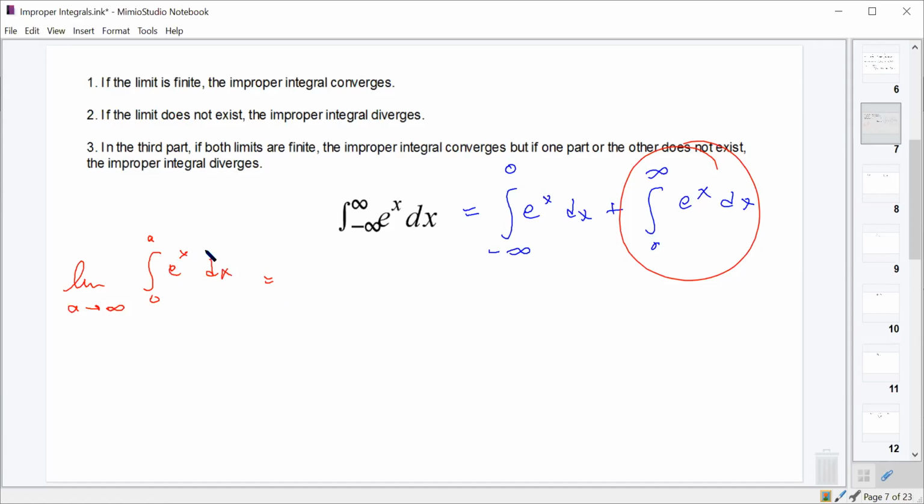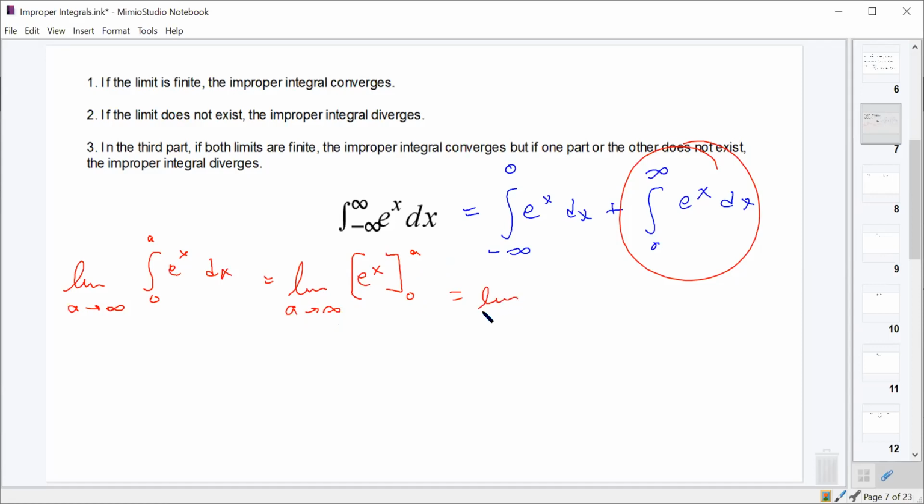Well, what's the integral of e to the x? It's just e to the x. So we have the limit as a approaches infinity of e to the x evaluated from 0 to a. So we plug in a and we plug in 0 and write it out.